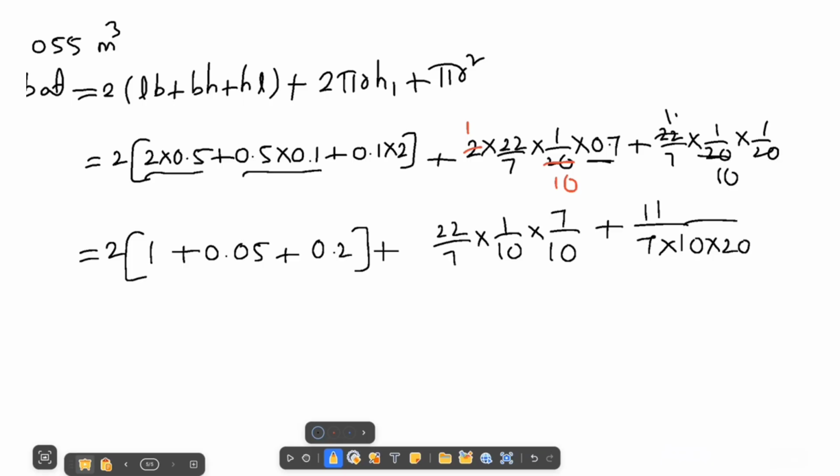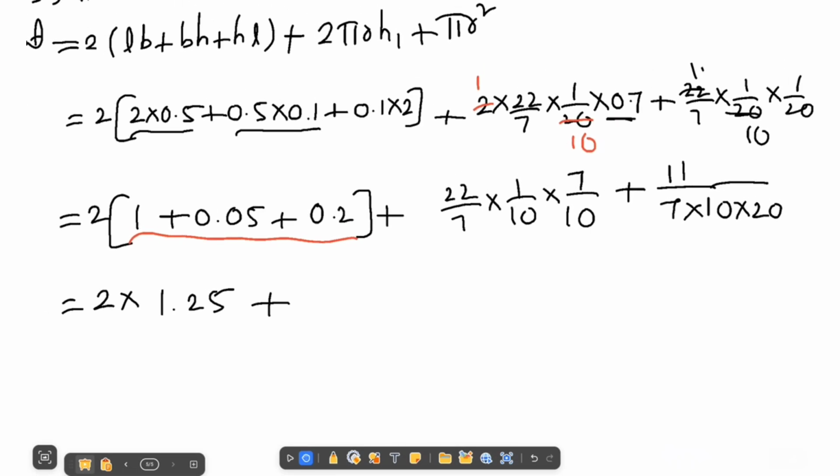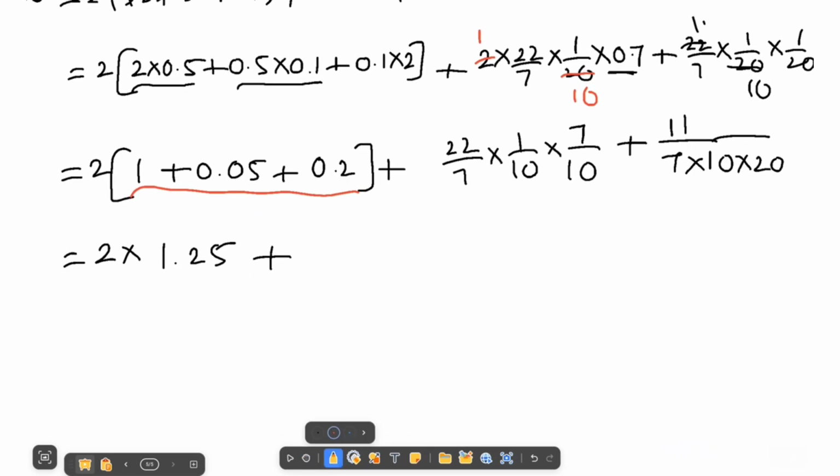Now if you add the numbers inside, what do we get? We will get 2 into 1.25, plus here 7 and 7 get cancelled.